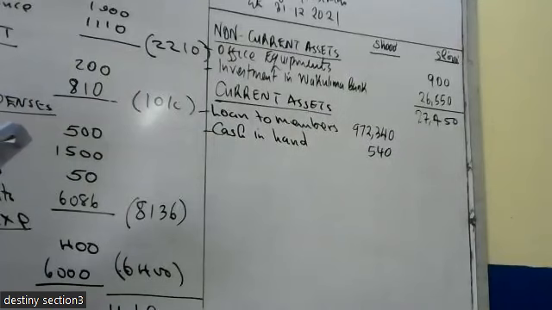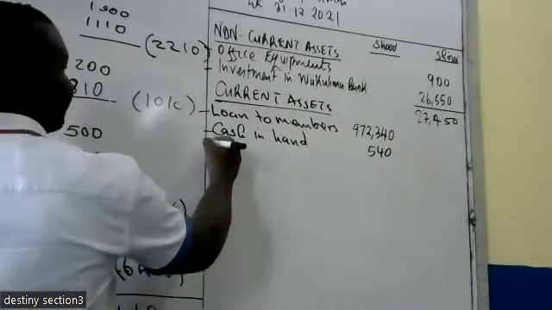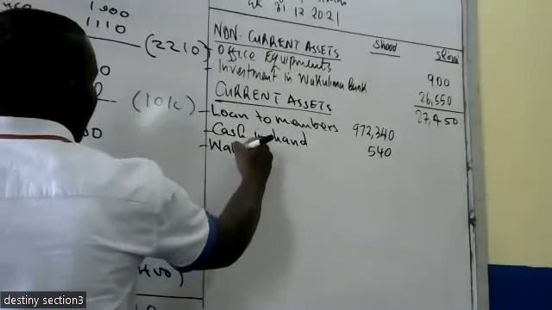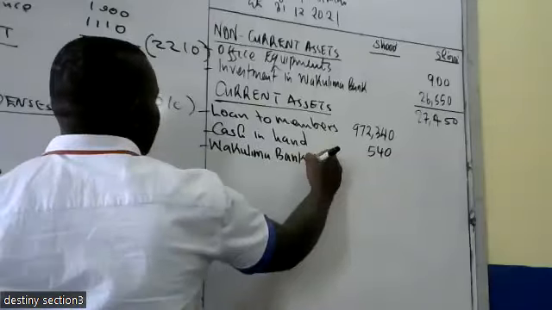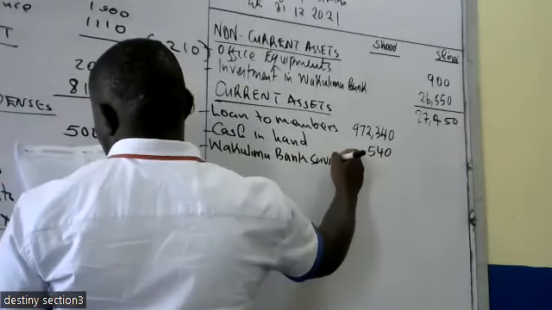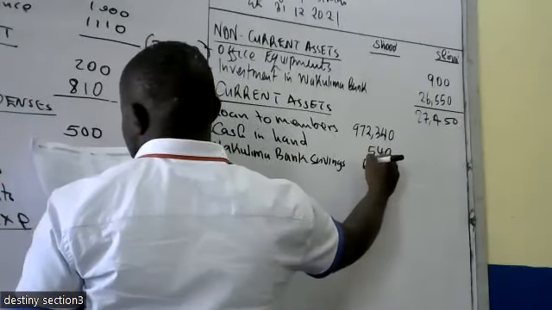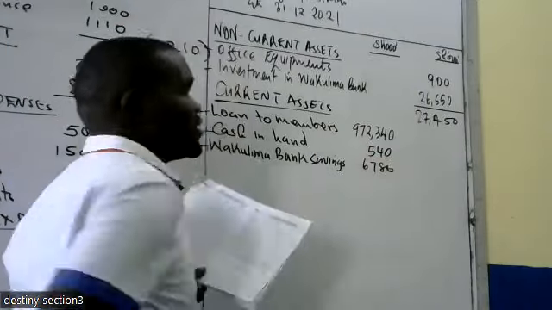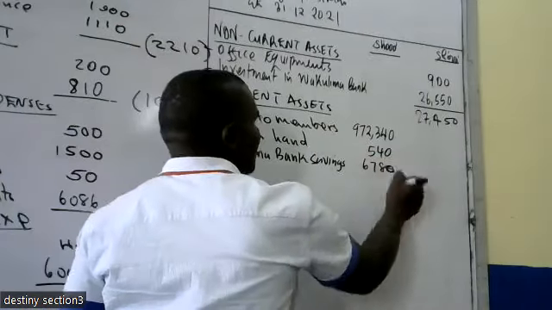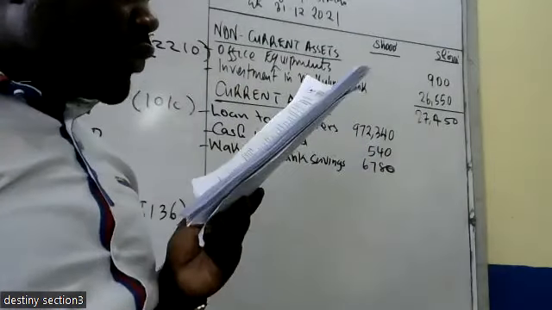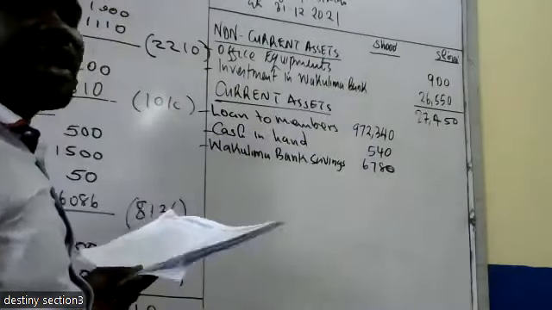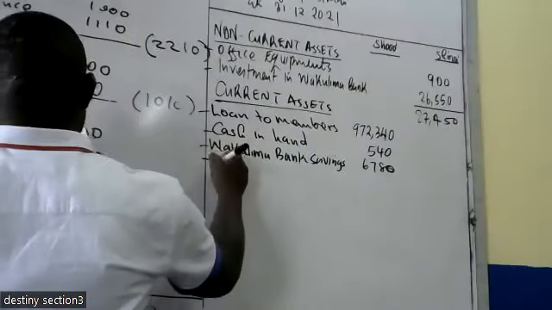Then we have Wakulima Bank Limited savings. Savings we got 67, 80. Then second last and third last, receivables.